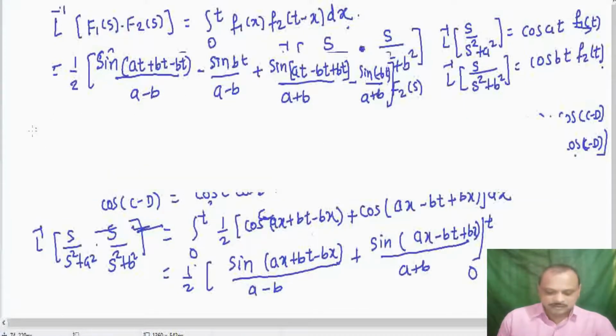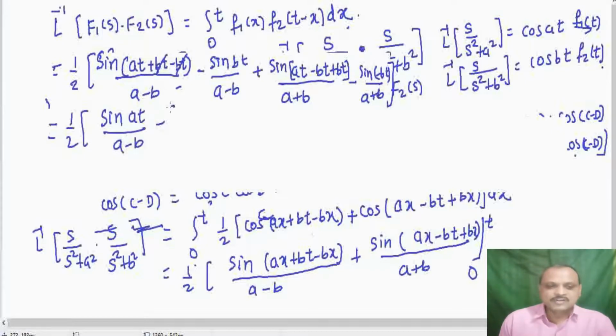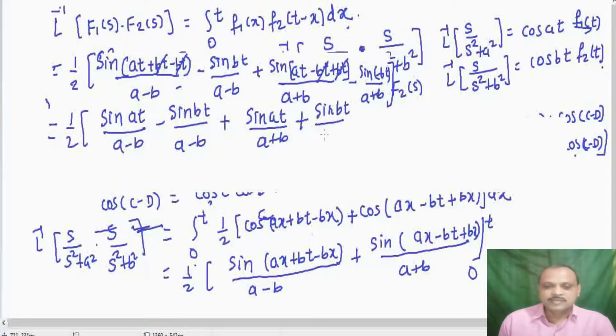So here this is equal to, you can see that the 1 by 2 into bt cancel here, and we get sine at minus sine bt divided by a minus b, plus, here the bt cancel, sine at divided by a plus b, and plus sine bt divided by a plus b.